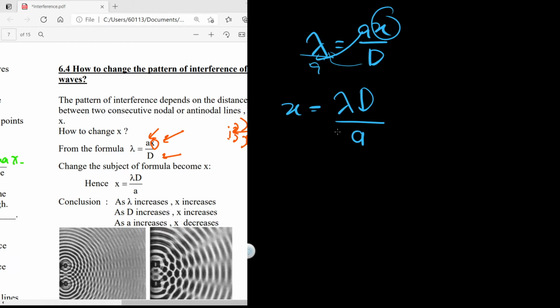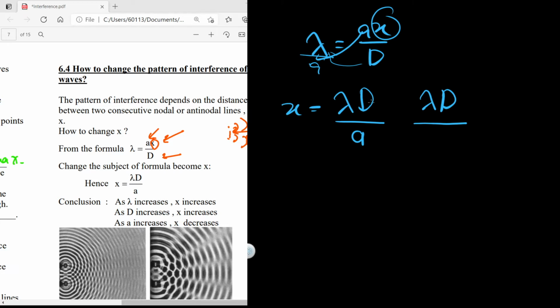So here you can easily determine the relationship between X and the other variables: A, lambda, D. Lambda and D are on the numerator of the quotient, the upper part, above the line.